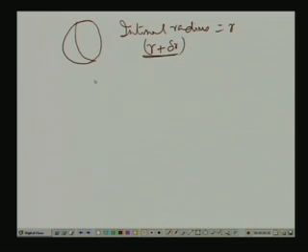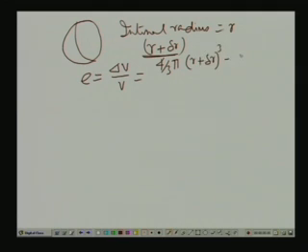Hence, the volumetric strain E, which equals delta V by V, where delta V is the final volume minus the original volume, which is 4/3 pi (r plus delta r) cube minus 4/3 pi r cube, divided by the original volume, which is 4/3 pi r cube.